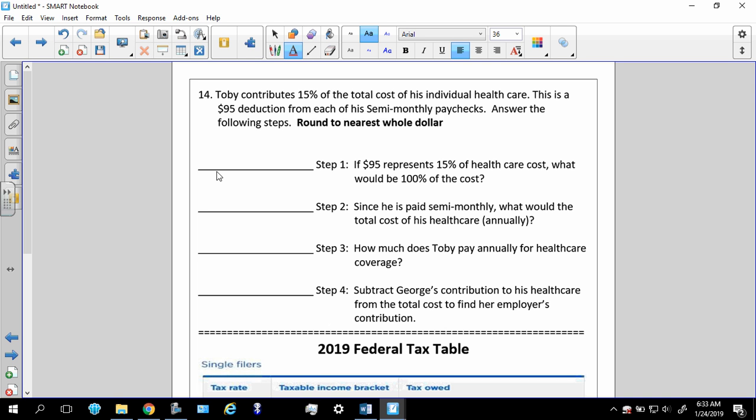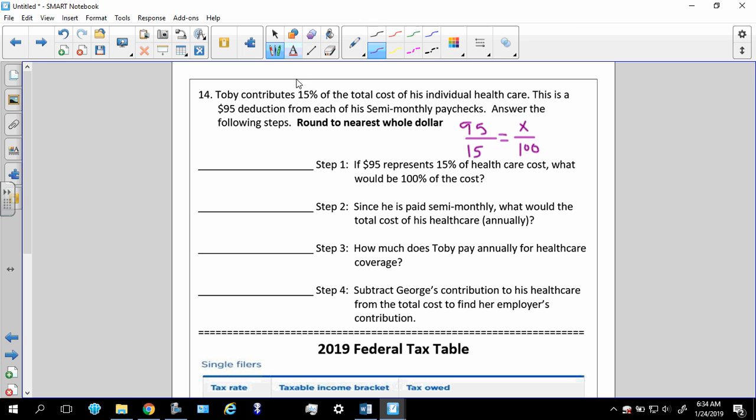All right, so this question here, this should be like clockwork now. You should already know to start off with a proportion. So I'm going to be writing with my mouse here, so it's going to be a little weird. All right, $95 over $15, 15%, I'm sorry, is equal to X over 100. So when you do the math, how much is his insurance cost?